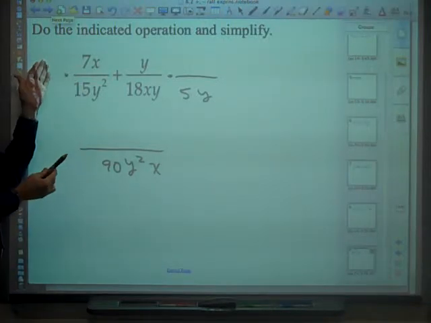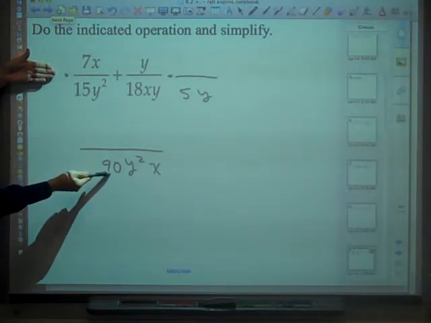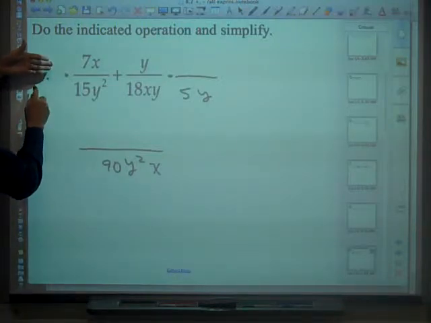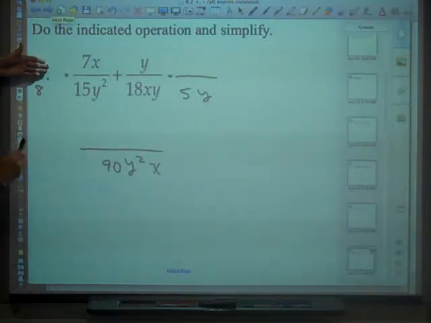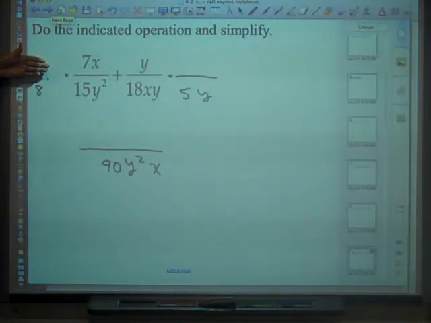What does this one need for the common denominator? How do you get 15 to become 90? Times 6.